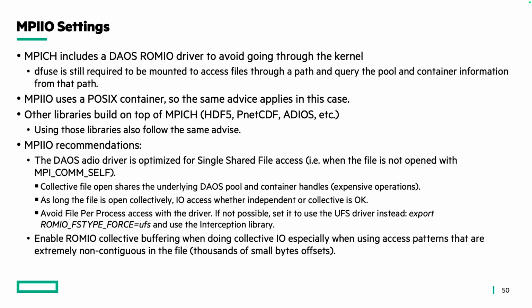So chunk size is basically how you stripe your data over different targets. Underneath the covers, it's under a different key, because DAOS is an object store, right? Everything in the first megabyte will go into one key, everything in the second megabyte will go to the second key, and so on.